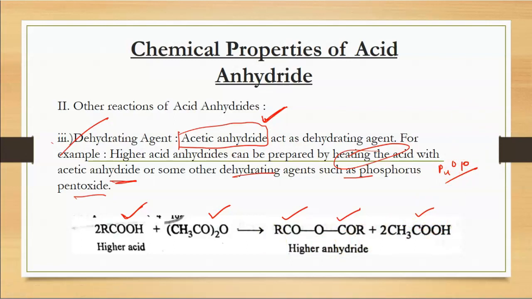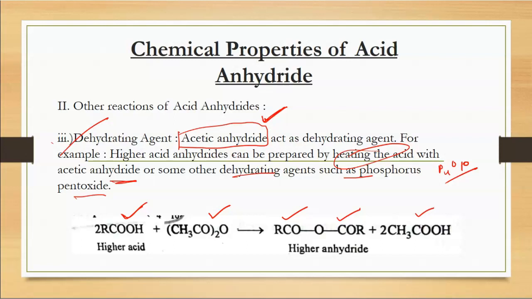I repeat, what is happening with the dehydrating agent is that acetic anhydride in this particular reaction is going to act as a dehydrating agent. Correct? Your higher acid is reacting with acetic anhydride so as to give you your higher acid anhydride, and side product acetic acid is obtained.